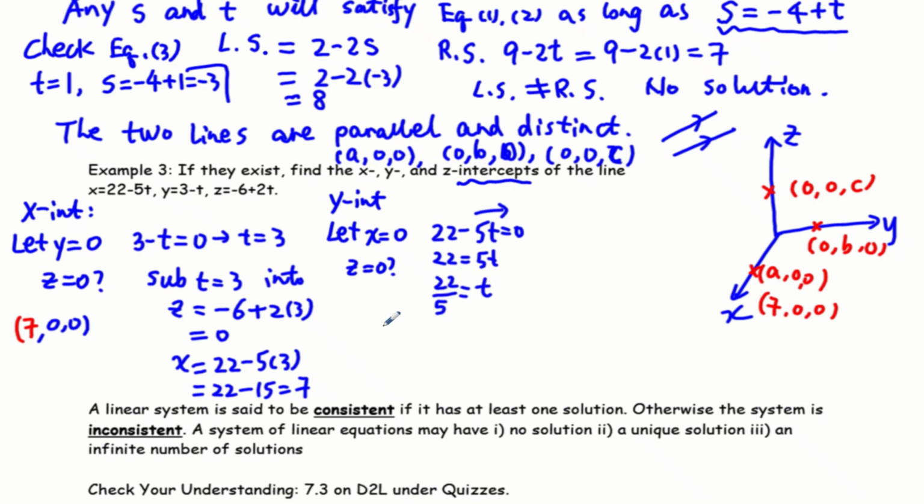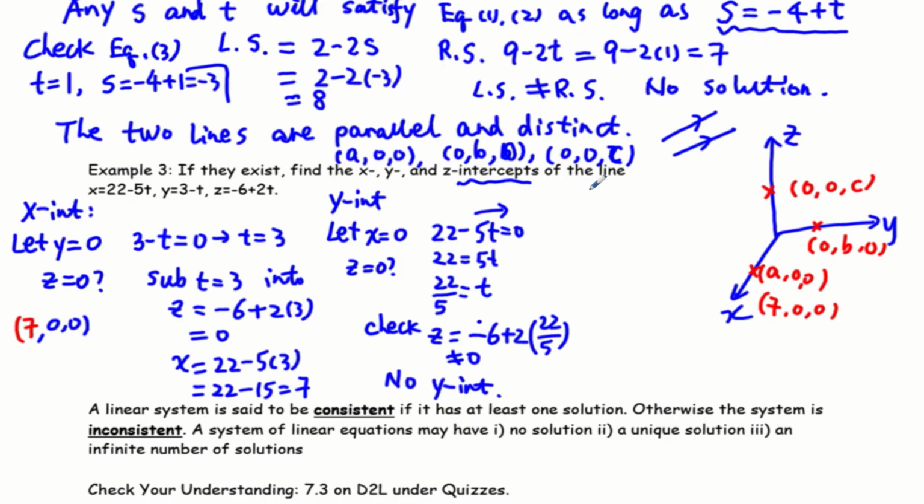Then check. Sub into z: negative 6 plus 2 times 22 over 5. We know this is not 0. So it means x and z both 0 doesn't exist, so no y-intercept.